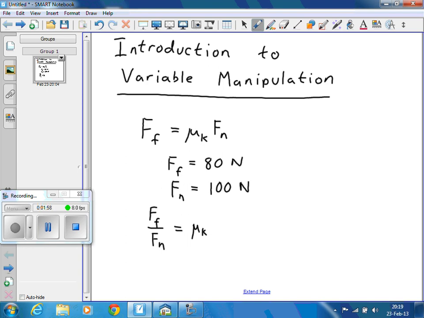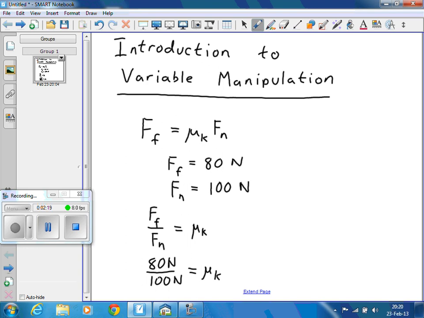Great. Now I have what I'm looking for all on one side of the equation and all the other variables on the other side of the equation. Now I can plug in those two values of those variables. Friction force is equal to 80 newtons and normal force is equal to 100 newtons.